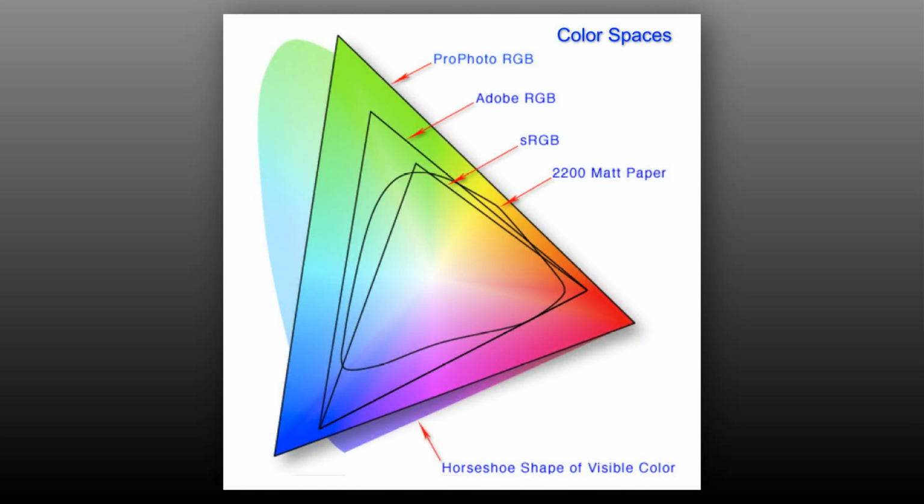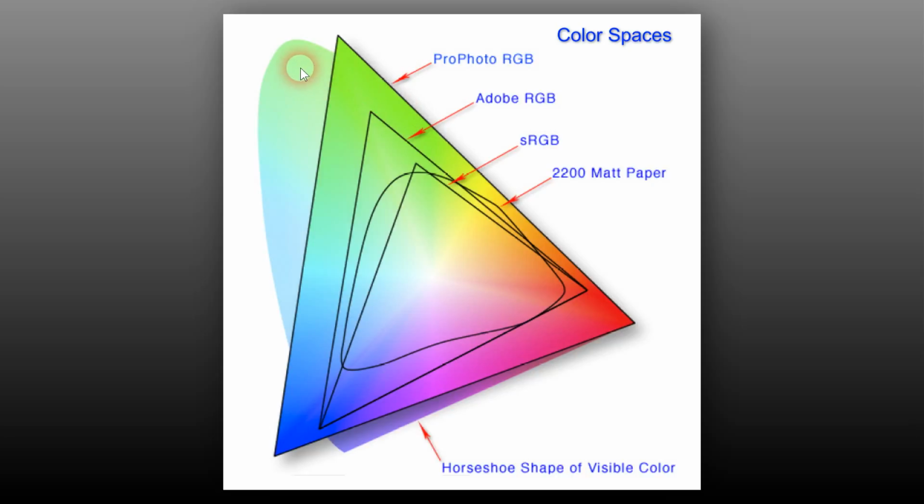Color spaces. This diagram represents, if we look at this oval area here, all of the colors that the human eye is capable of capturing. Now when digital technology first became important in using computers, they developed a color space called sRGB, which basically encompassed the range of colors that was possible to be reproduced using technology of the time.